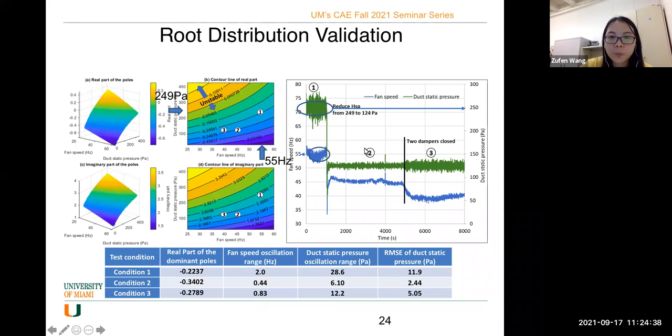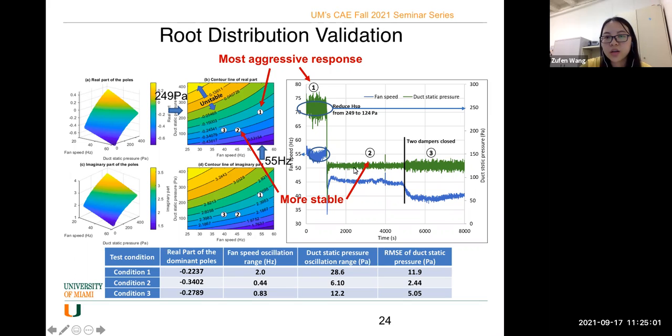From the root distribution, point 1 should have the most aggressive response, and the test shows the same. At point 2, because it has the largest negative real part, we should have the most stable response. Point 3 has performance in between.